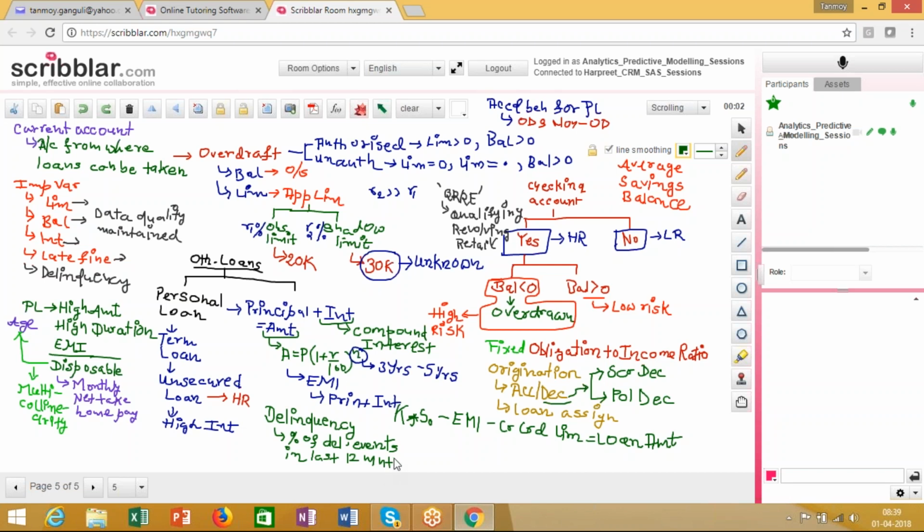This is defined as the number of times the borrower has been delinquent in the last 12 months. So, say there have been three events of delinquency in the last 12 months.